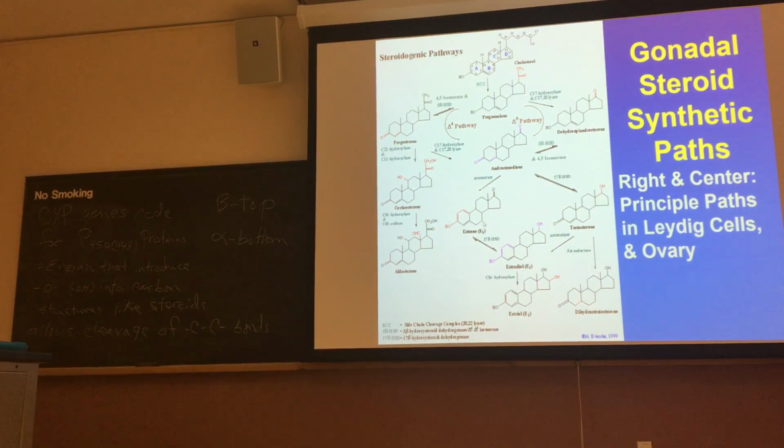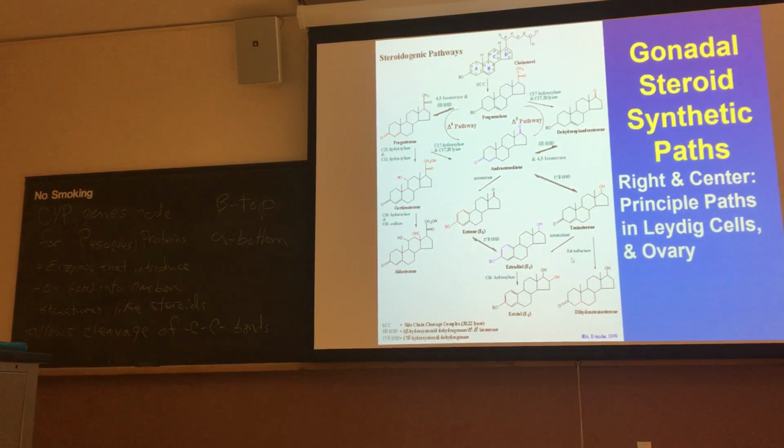Everything else remains the same. And then if you apply the other enzyme, you get finally down to estradiol in the one case, and in fact both cases. This is metabolized further by introduction of an OH group to give you estriol. This is the most common estrogen in pregnancy.